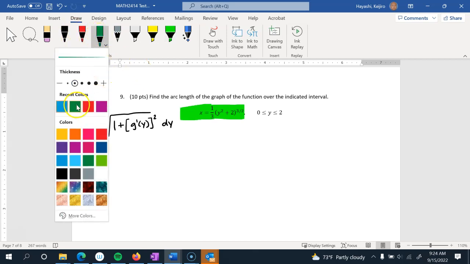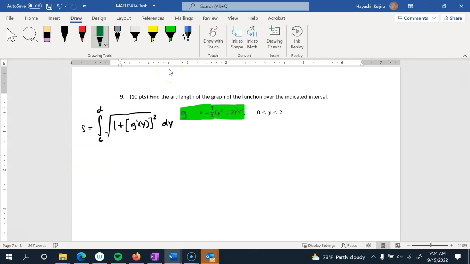Okay, so this is what we can call g of y. Okay, so g prime of y should be, just following the power rule first, take that 3 halves and put it in the front. 3 halves times 1/3, the 1/3 that's already there, y squared plus 2, and because of the power rule, after you take that 3 halves and put it in the front, you're going to decrease it by 1.